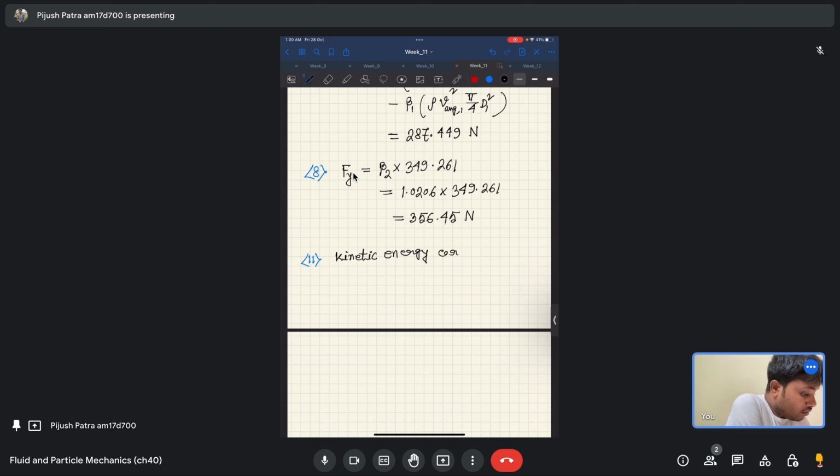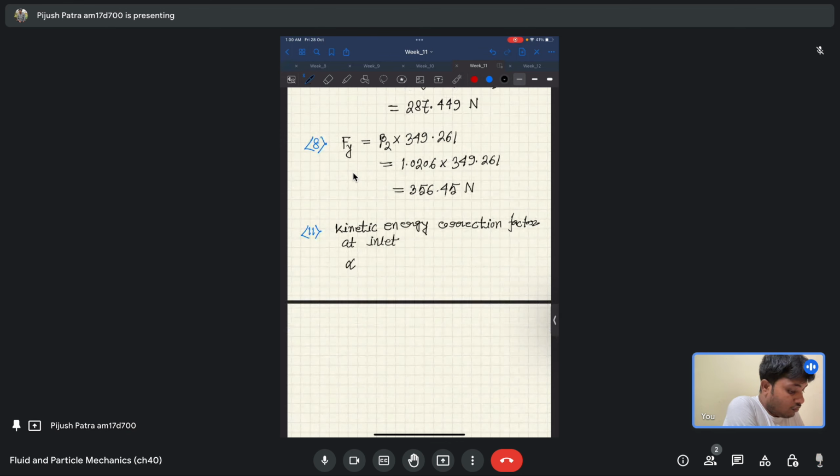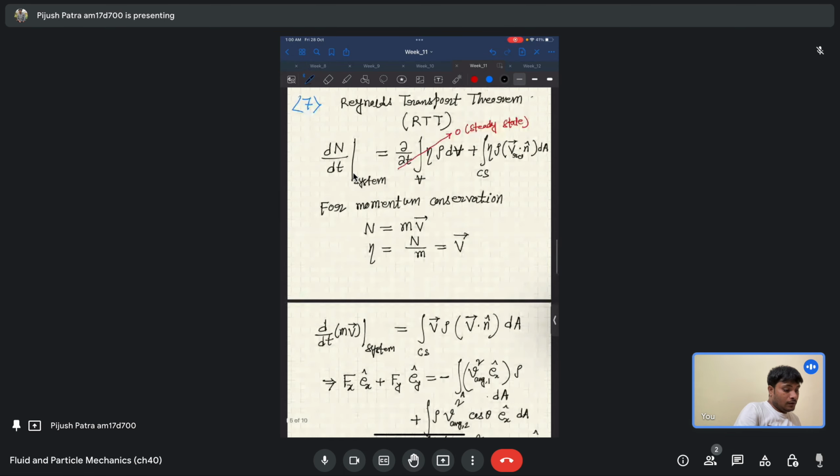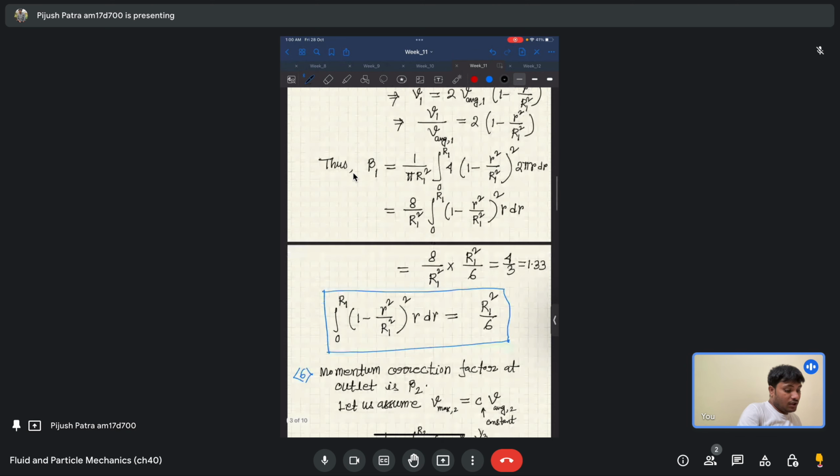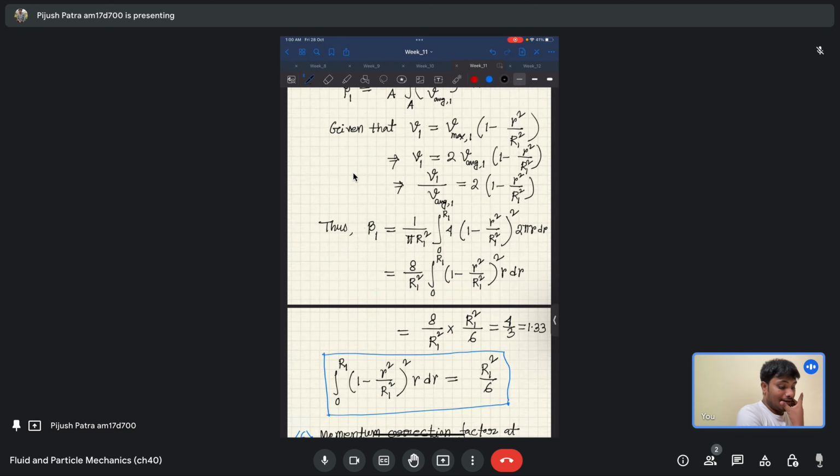The kinetic energy correction factor at inlet, we'll call it as alpha 1. So what will be that alpha 1 here? So let me go to the kinetic energy correction factor at the outlet. So it will be 2 into this thing, so it will be 2Q, right?